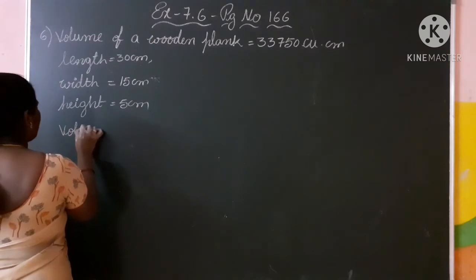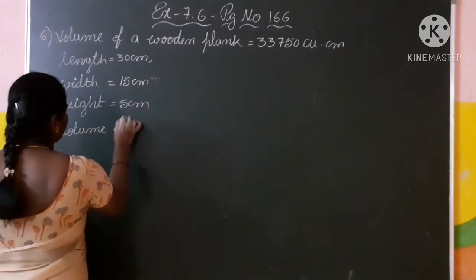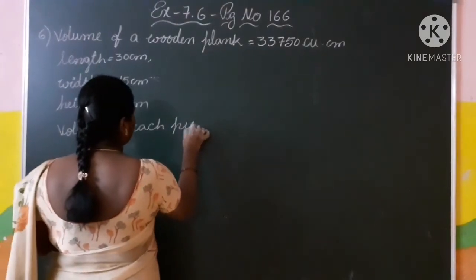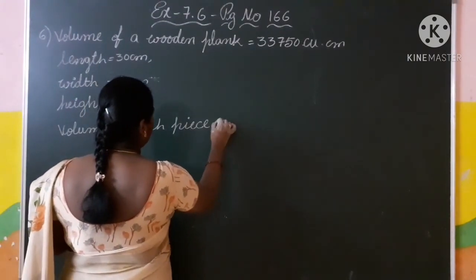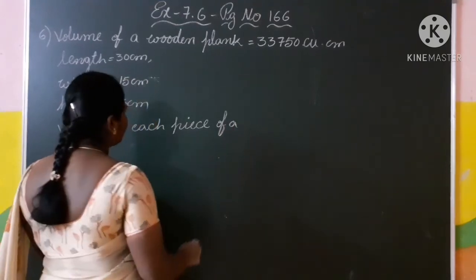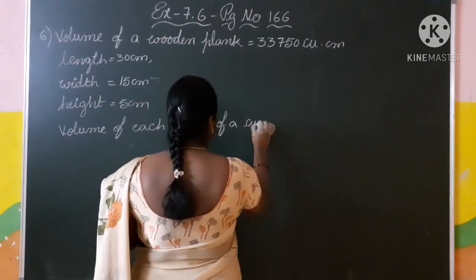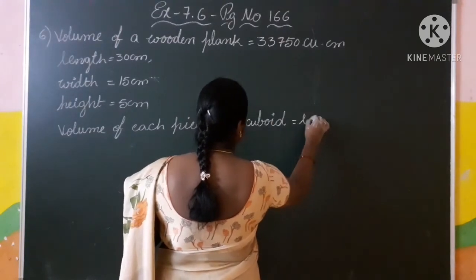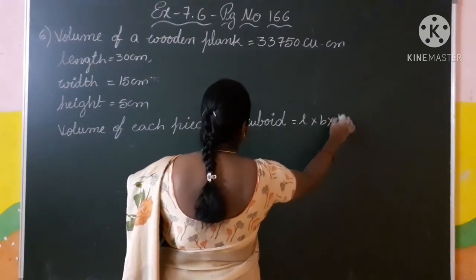So we have to find the volume of each piece of a cuboid. The volume of each piece of a cuboid is equal to length into breadth into height.